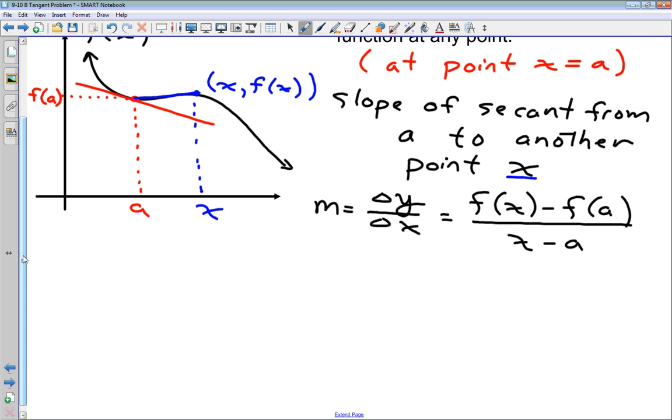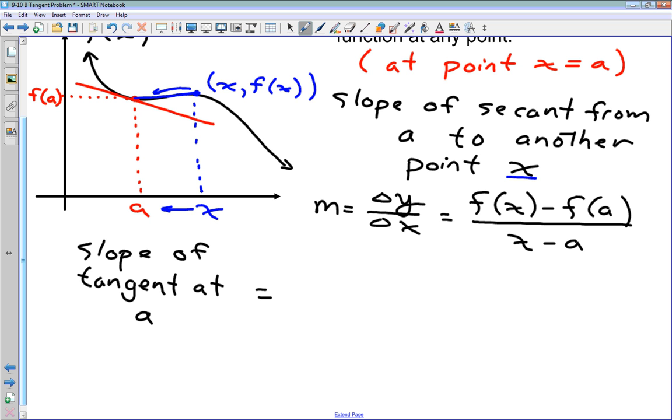How do we get the slope of our tangent? Well, the slope of the tangent at a is going to be, well, we take this point x and we're going to move it closer and closer to a, sort of along here like this, and this secant line that we've drawn is going to become closer and closer to our tangent line.